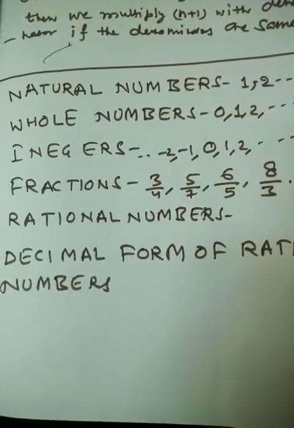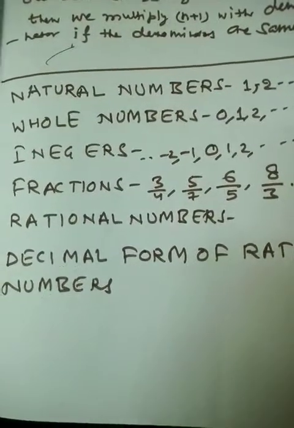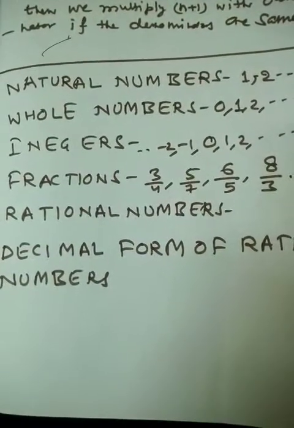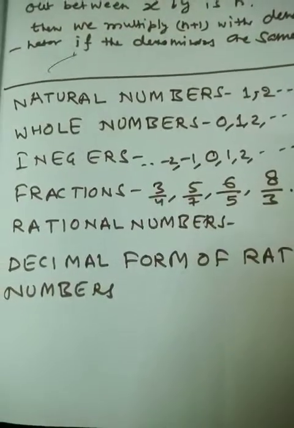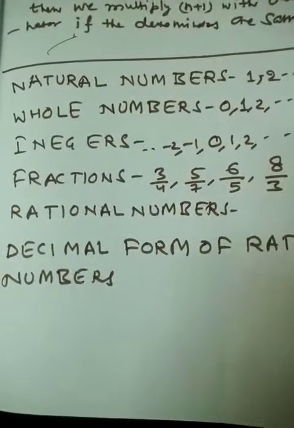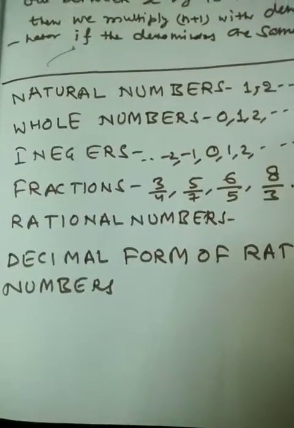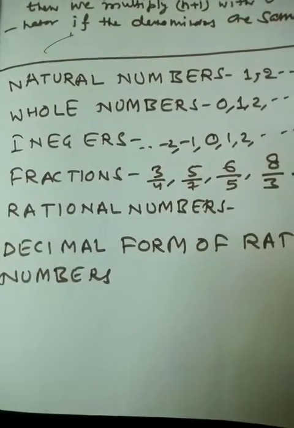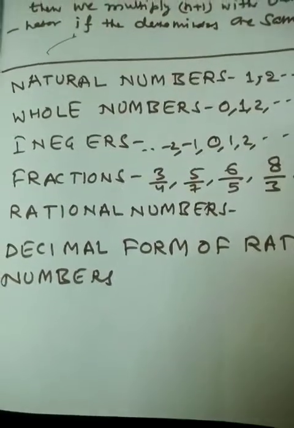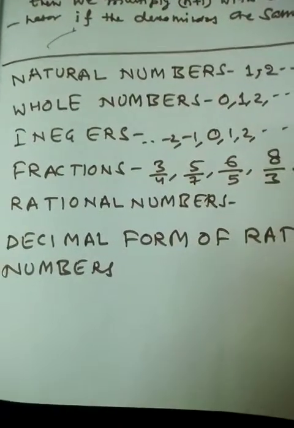In the standard form means we cancel all the common factors of denominator and numerator, that is, in the simplest form. If it does not have any prime factor other than 2 and 5, it will be a terminating decimal, and if it has any other prime factor, it will be a non-terminating decimal.